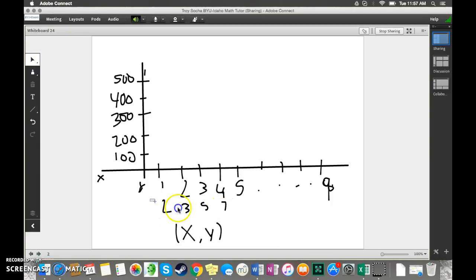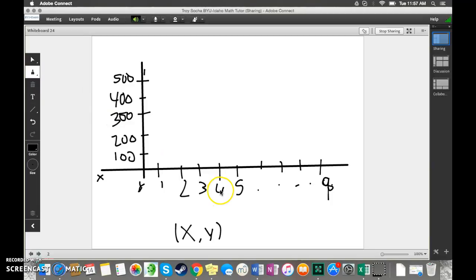So let's say we had a point on this graph that we're working with that was at, say, 3, 400. Say in year 3, we made $400. So we're going to call this one years.